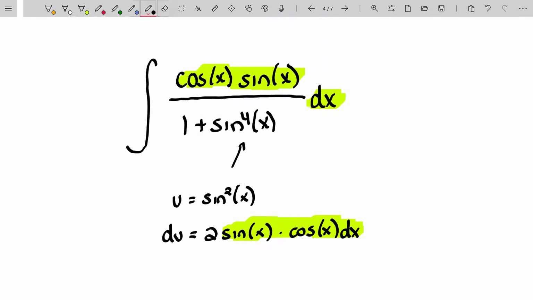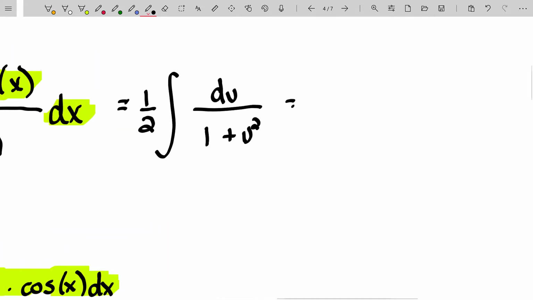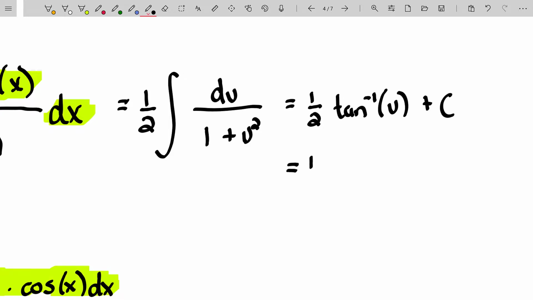If you make that trade and divide both sides by 2, you'll get 1/2 integral of du over 1 plus, well, that was a sine to the fourth, which is a sine squared squared. So you get this. And the antiderivative of that is a tan inverse of u, and u was sine squared. And so we get back to the very same result, a little bit faster.